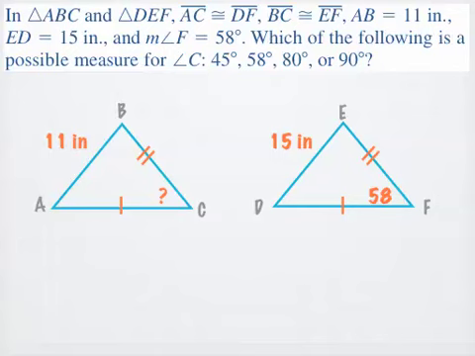Because 15 is greater than 11, that means 58 needs to be greater than the measure of angle C. If you look at the choices that they've given us, there's only one measure that is less than 58 degrees. So my answer is 45 degrees would be the measure of angle C.